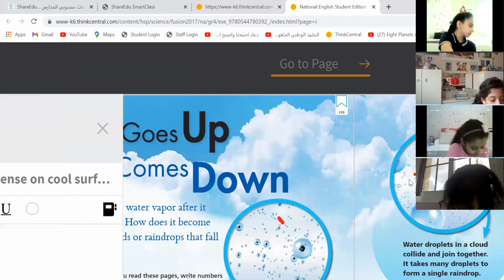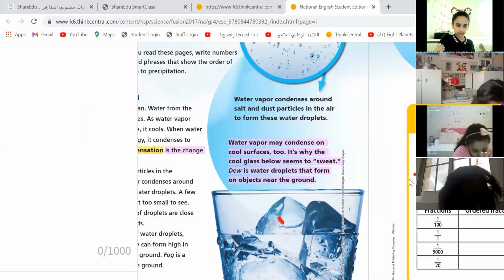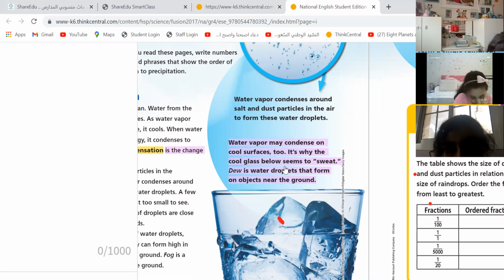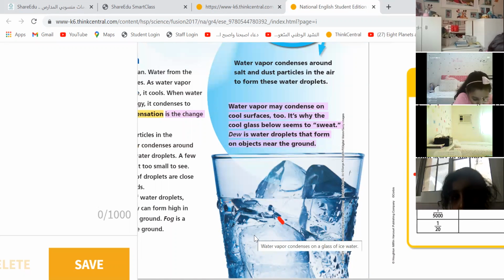Water vapor may condense on cool surfaces too. It's why the cool glass below seems to sweat. Dew is water droplets that form on objects near the ground.